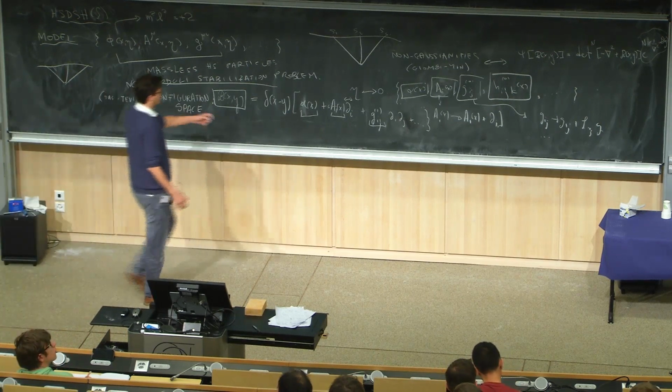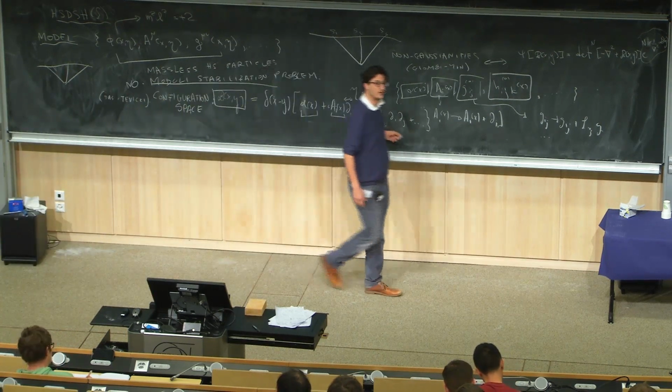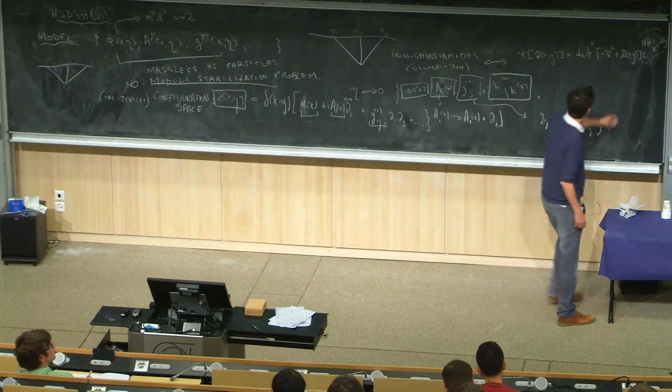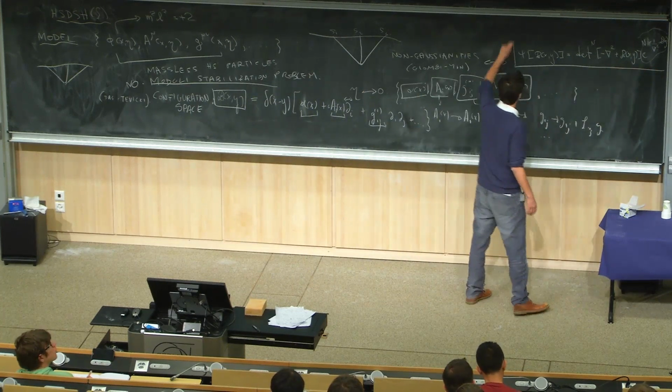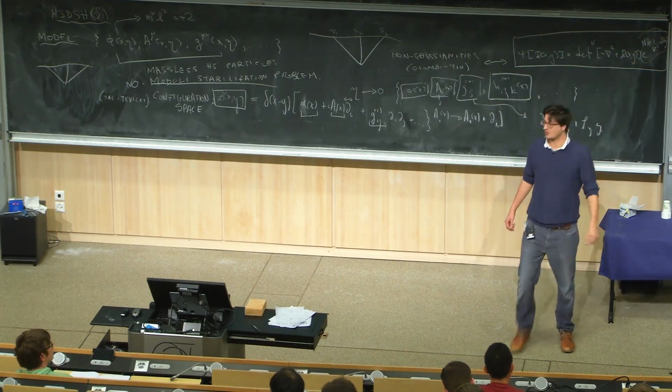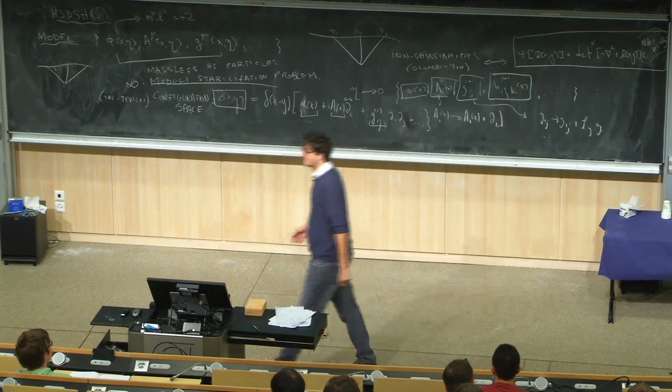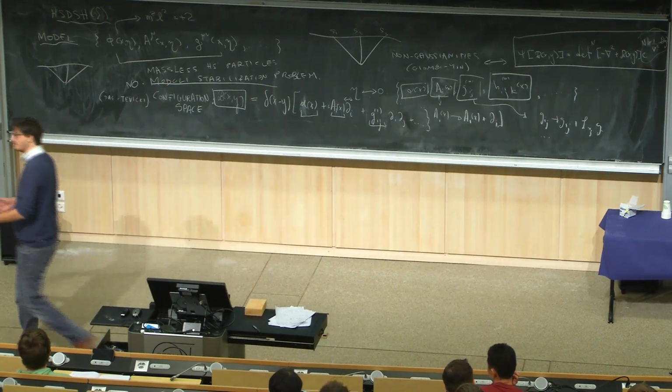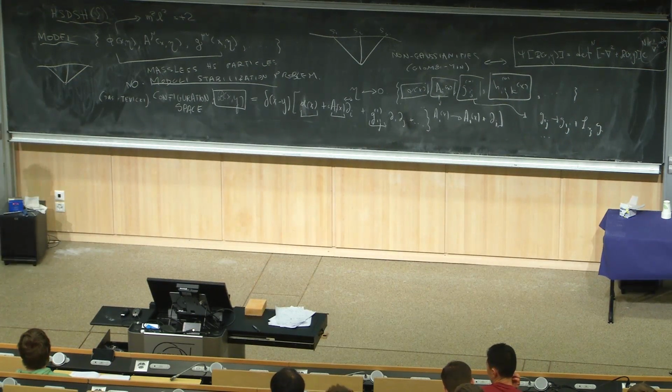And the B's encode all of the profiles in the following way. Okay? In a more familiar language, you can call this the partition function of a free CFT with all currents sourced. Okay?